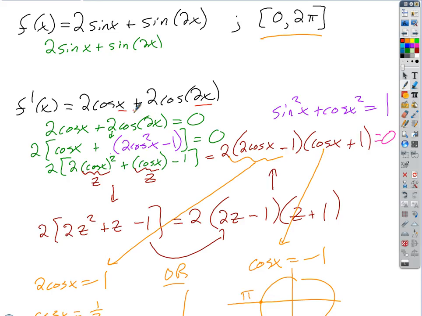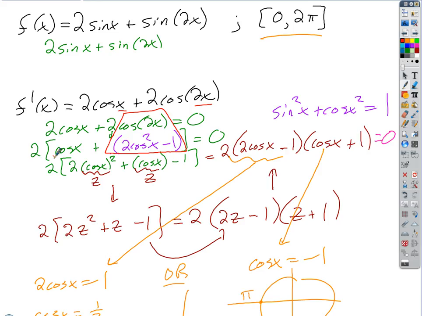We used this trig identity right here. Cosine 2x is 2 cosine squared x minus 1. There's our trig identity. And so now we get a trig equation that we can solve. We've got cosine x's in it, and that's it. And so we factored it. We've got the 2 out front, but we can factor all this stuff in here.